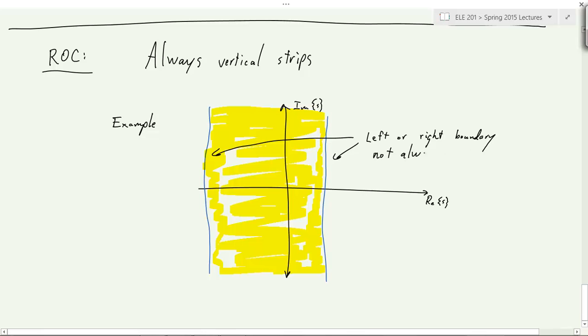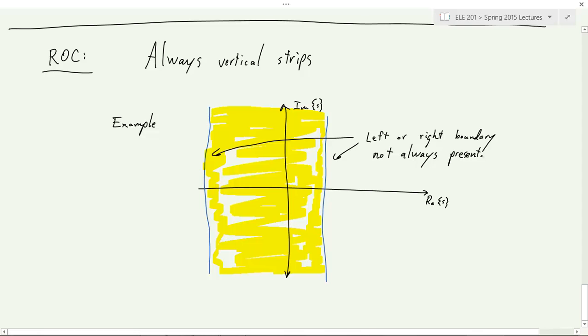In other words, it could just have a left boundary, and every real value that's less than some number might not converge. But we saw that in our first example, right? When we did e to the t u of t, we had only one boundary on the region of convergence. We'll still call that a vertical strip, even if it doesn't have both boundaries. But it could have 2.